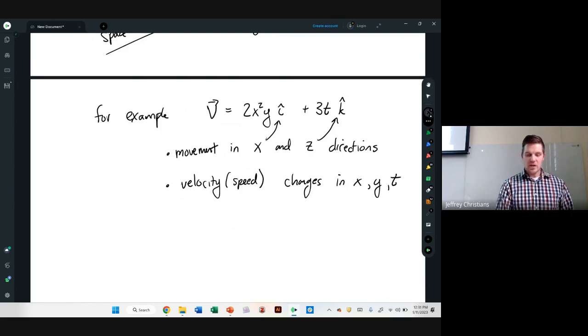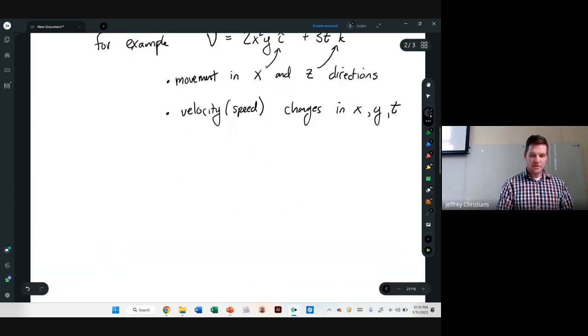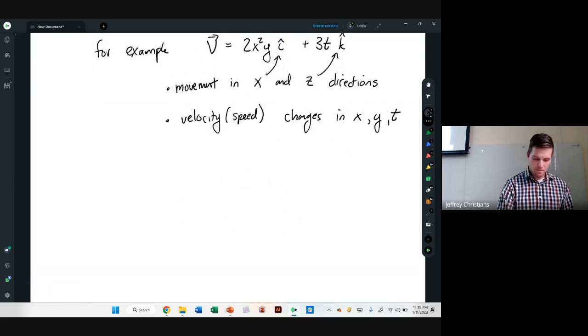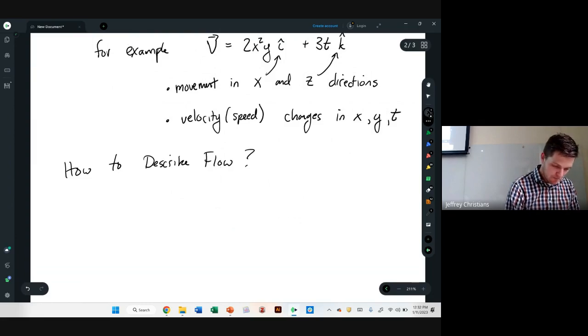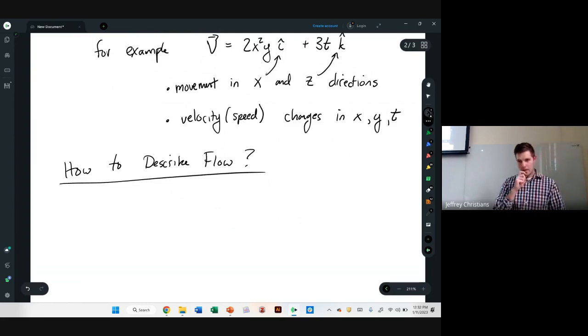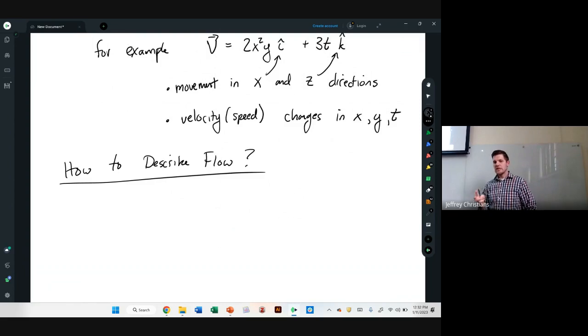Okay, we also have to talk about how to visualize flow. There are going to be three different kinds of ways that we could do, say, an experiment to be able to visualize flow.